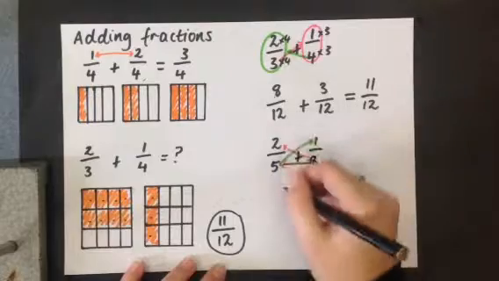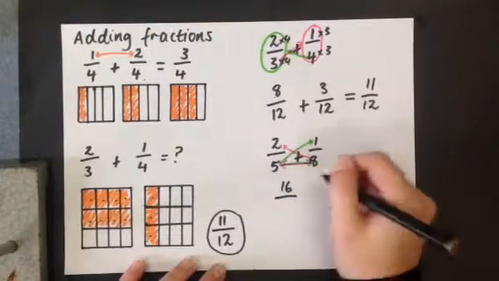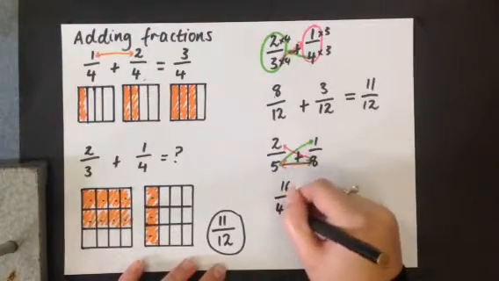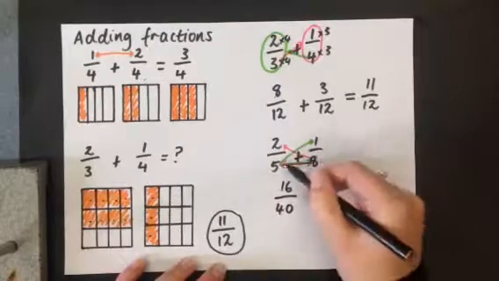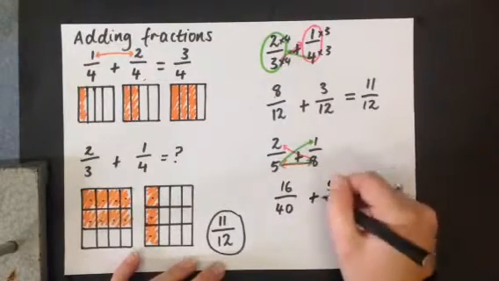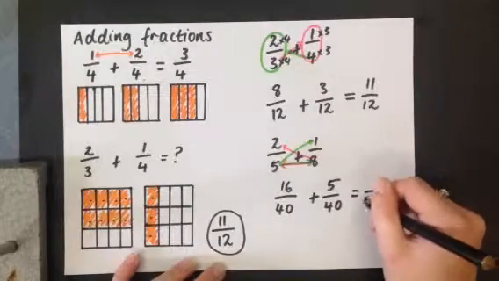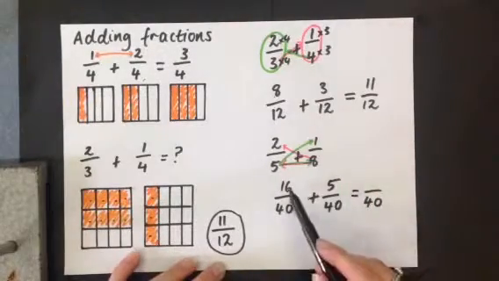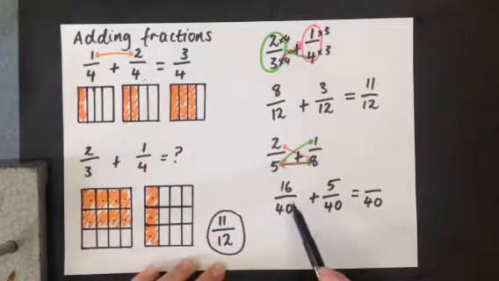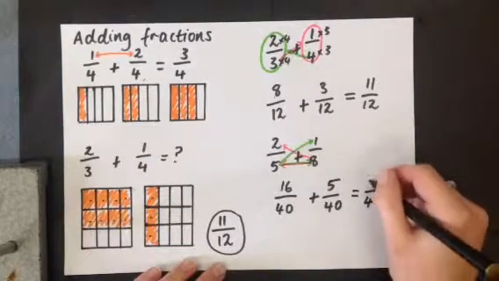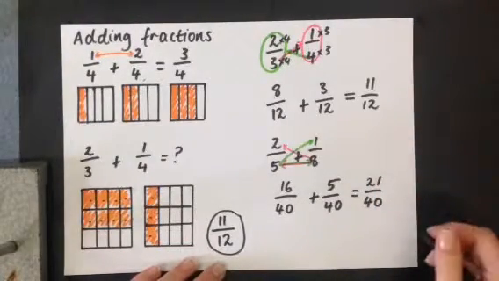So 2 times 8 is 16 over 8 times 5 is 40, plus 5 times 1 is 5 over 5 times 8 is 40. My answer is going to be over 40, and I just plus the two top numbers together. So 16 plus 5 is 21 over 40.